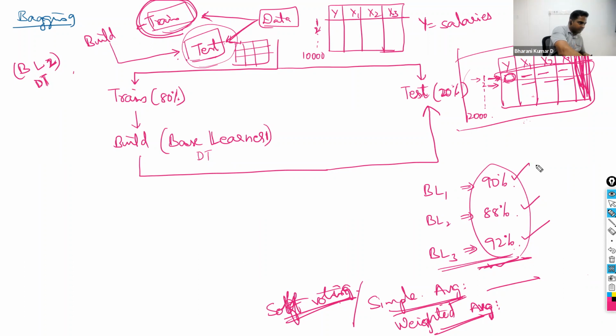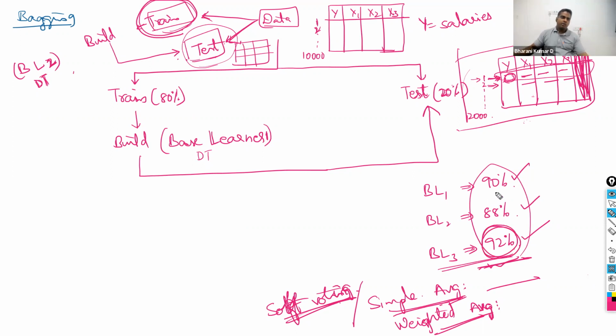Okay. Next, am I missing anything else? Any question from me? Weighted average means if an algorithm is giving me more accurate results, I'll give it more weightage.